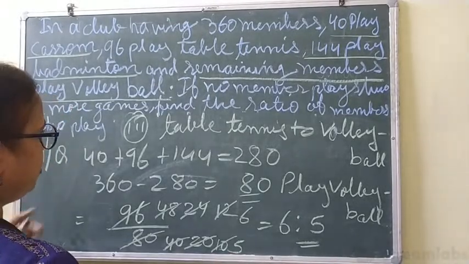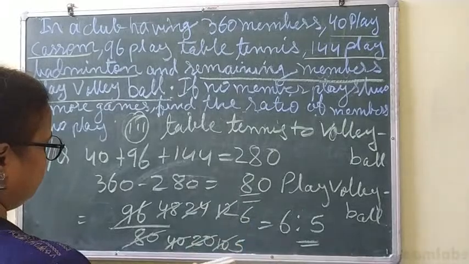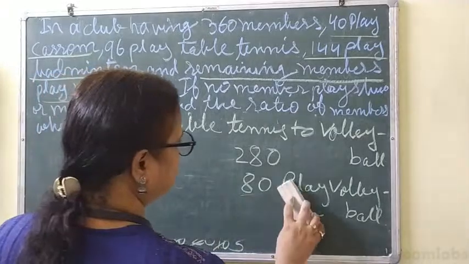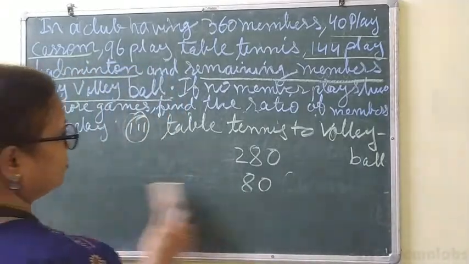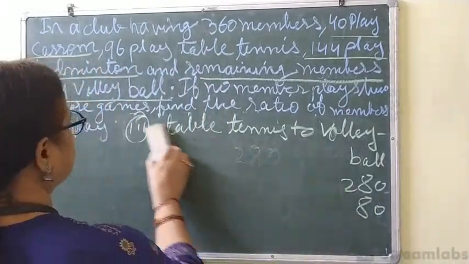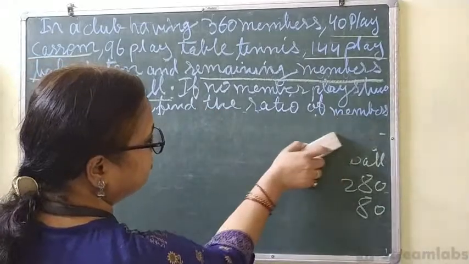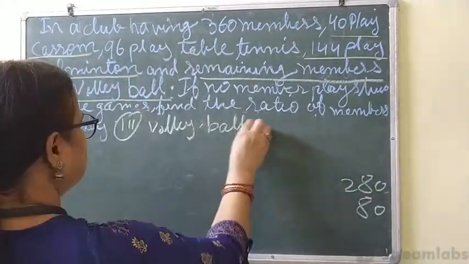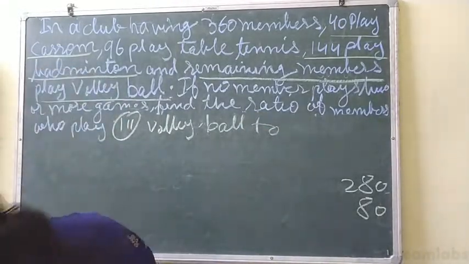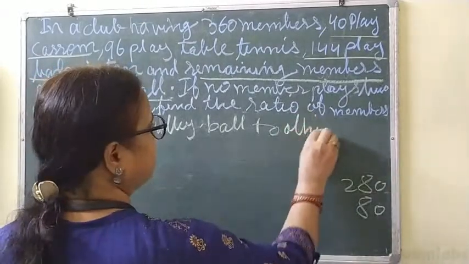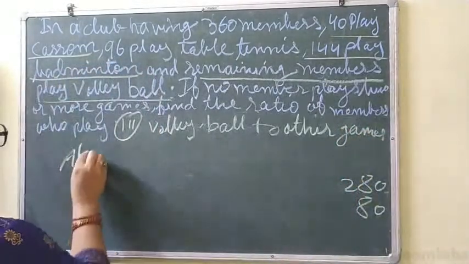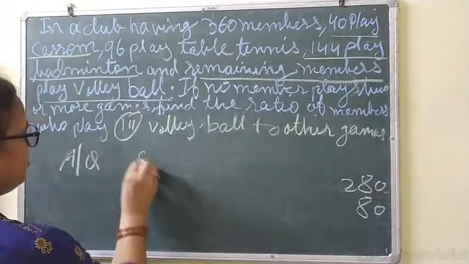So remember here what we have done, 280 and 80. Clear? Remember these two. Addition of that and this one is volleyball. To who play other games. To the other games. Okay. So again, according to the question, volleyball is 80.